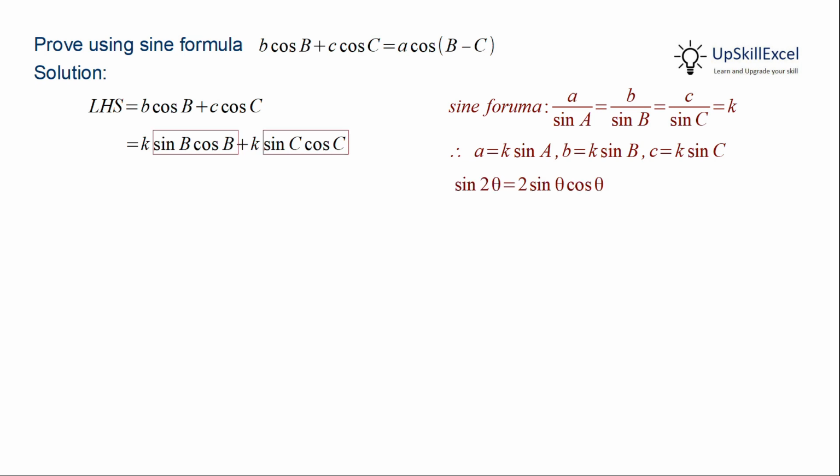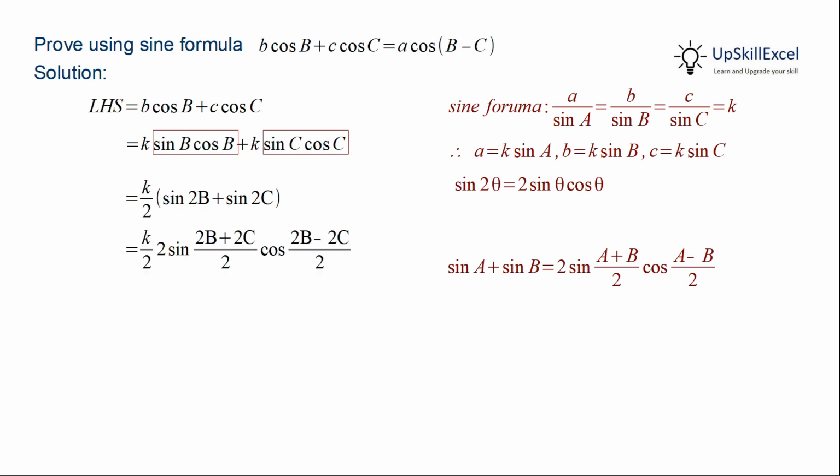We can apply sine 2 theta formula, giving us k by 2 times (sine 2b plus sine 2c). We can apply here the sine sum formula on sine 2b plus sine 2c, where a is equal to 2b and b is equal to 2c, cancelling out the 2 common in the numerator and denominator, and also within the sine and cos term we are left with k sine (b plus c) cos (b minus c).